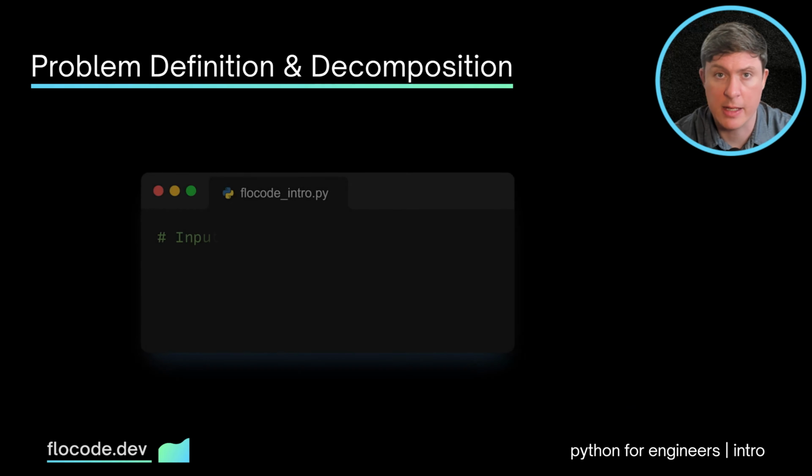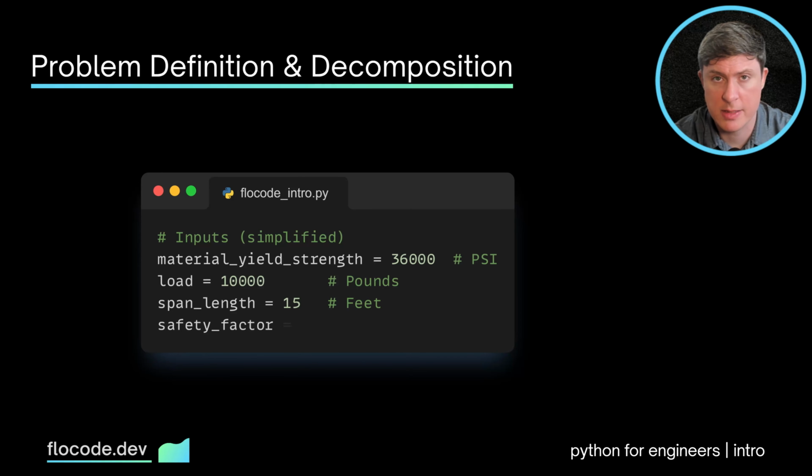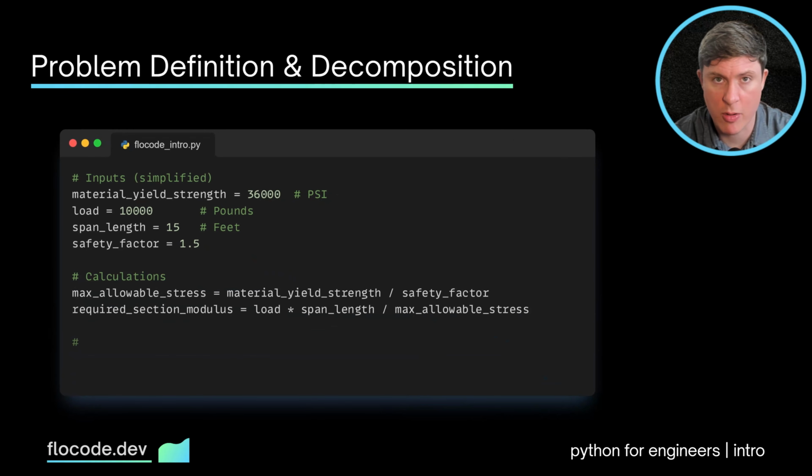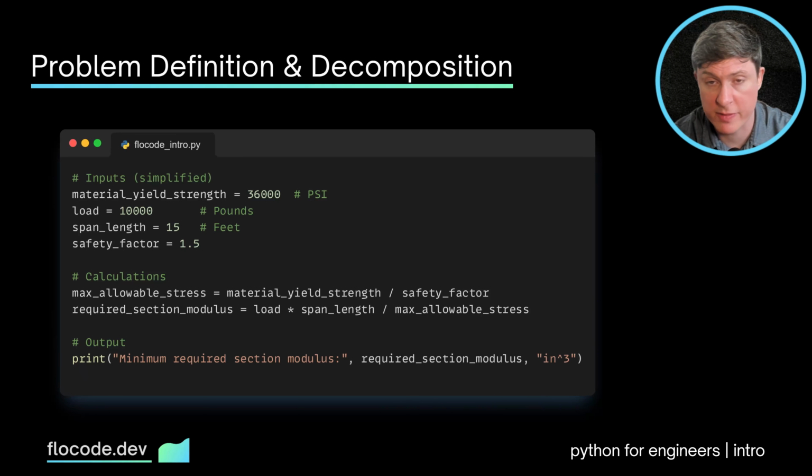So something like, given a specific set of material properties, a defined load, a span length, and based on a certain set of sequential logic and algorithms, calculate the minimum required dimensions to satisfy a code-mandated stress requirement. It's a big mouthful, but that's step by step exactly what we need to do.